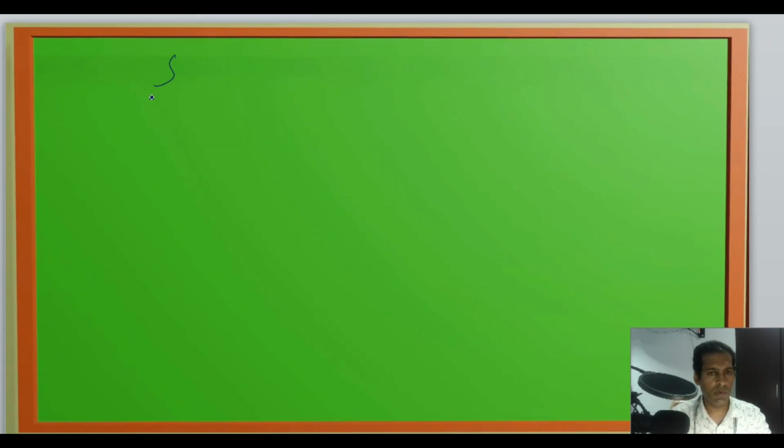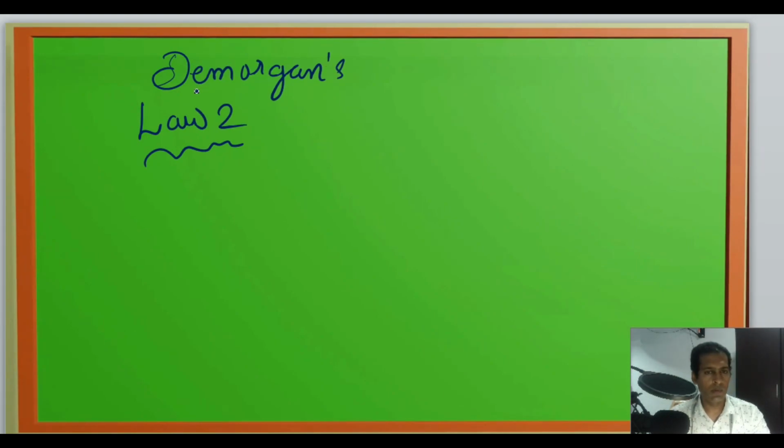Law 2 for De Morgan's. Okay, so the second law states that (AB) bar is equal to A bar plus B bar.